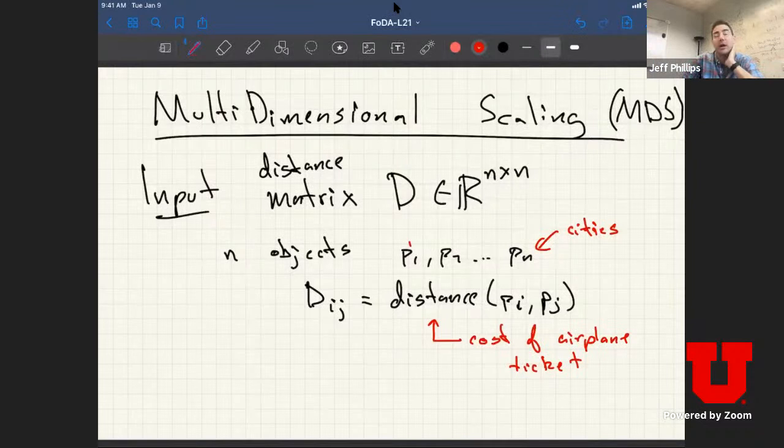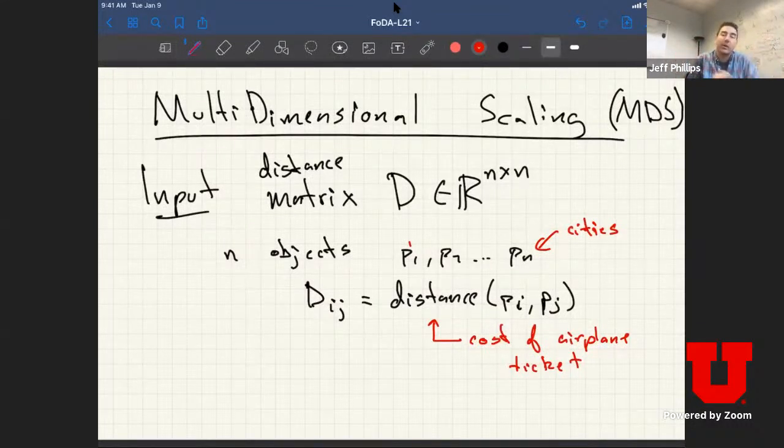If I go to a website, Expedia or something, and I say, what's the cheapest cost to get from one city to another city? It's always going to charge me something, so it's positive, right? But this is not exactly the Euclidean distance between the cities. What if I want to say that's the real cost of going in between these cities, right?